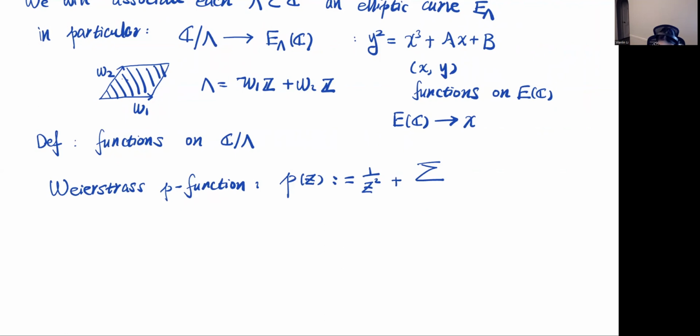P of z is defined as 1 over z squared, plus a summation over all the nonzero lattice points omega of 1 over (z minus omega) squared, minus 1 over omega squared.